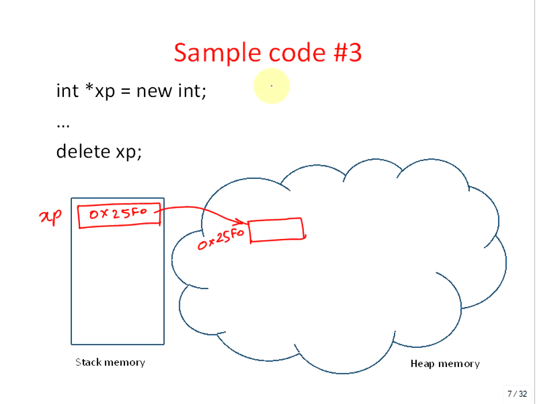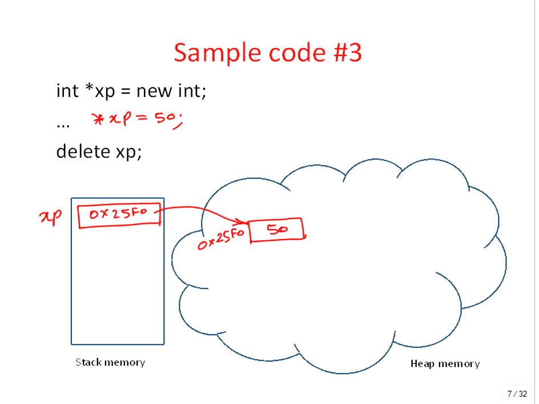So now when you do star xp equal to 50, we take this address and wherever it's pointing to, you assign 50. And this is the first time we are allocating memory in the heap.